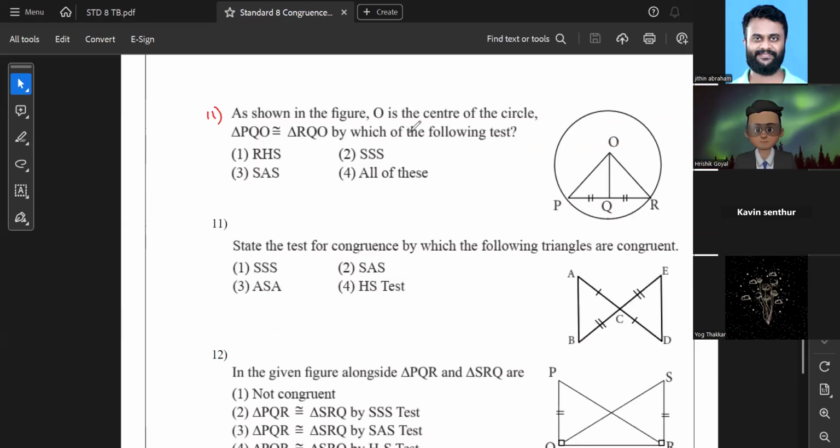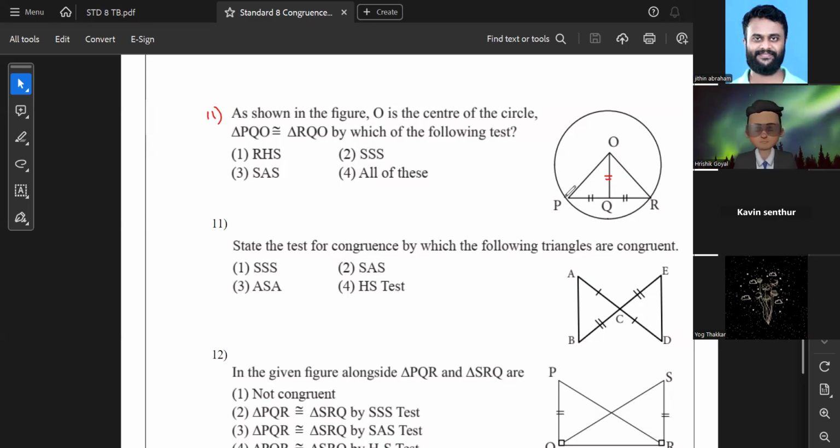11th question. As shown in the figure, O is the center of the circle. PQO and RQO are congruent by which of the following test? So this is side, and tell me what else? सर, RHS and SSS से भी होता है, all of these.